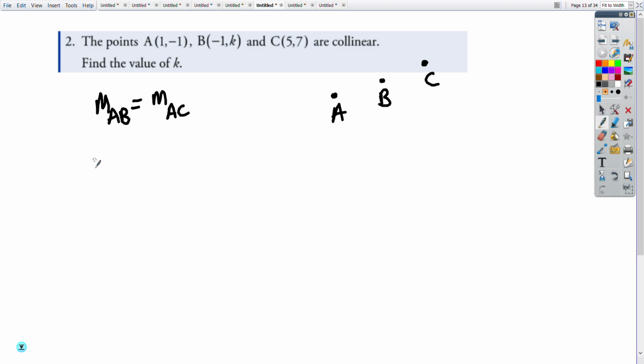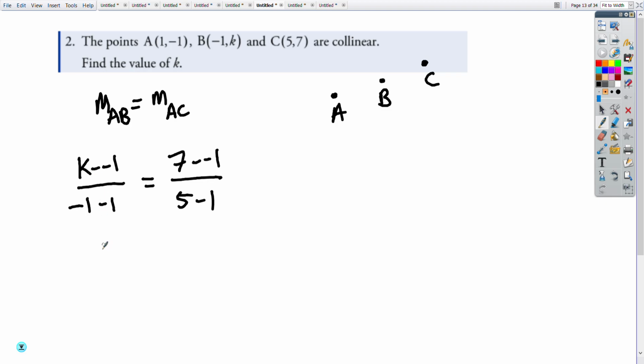So the gradient of AB is y2 minus y1. So k take away -1 over -1 take away 1 is equal to y2 minus y1, 7 take away -1 over 5 minus 1.